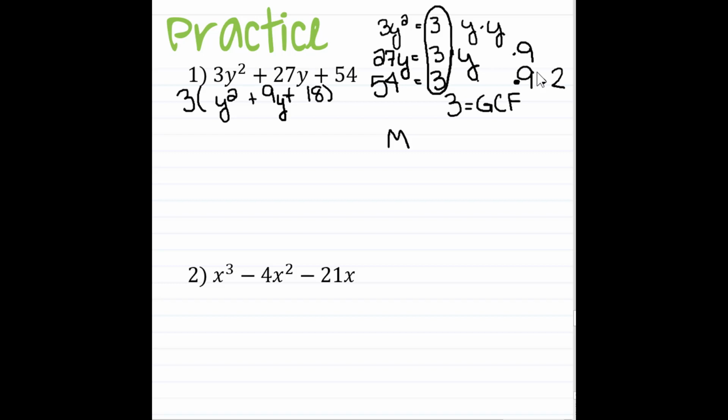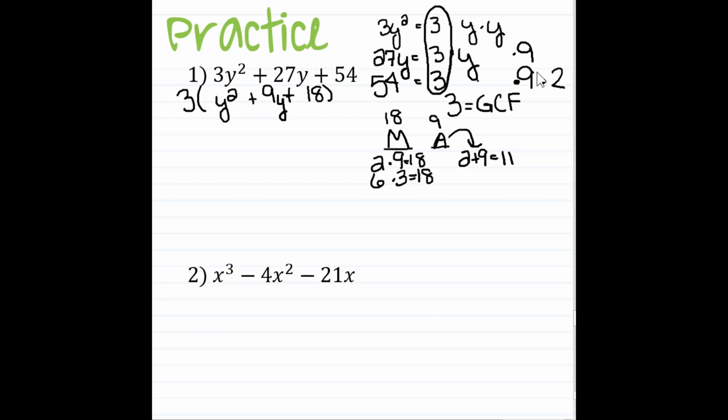Well, looking at this, I know I have to multiply to 18, but also add to 9. Well, I know that 2 times 9 is 18, but 2 plus 9 is 11, so that's not quite it. Let's take 6 times 3.